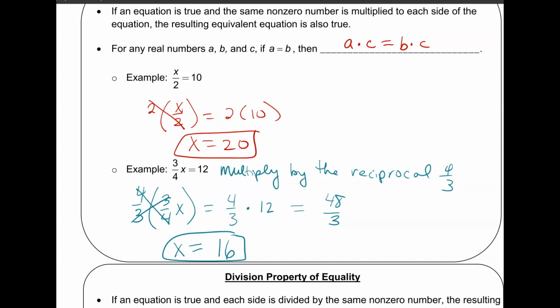Wait, I did take 36 over 4. It's 12 over 1, like it's 4 over 3. Yeah, it's 12 over 1. And then I got 48 over 3.